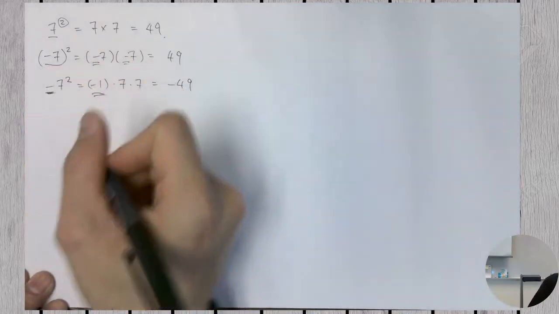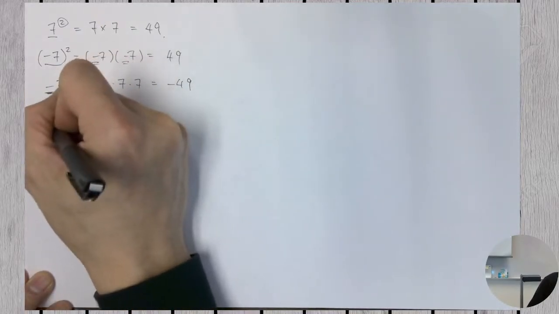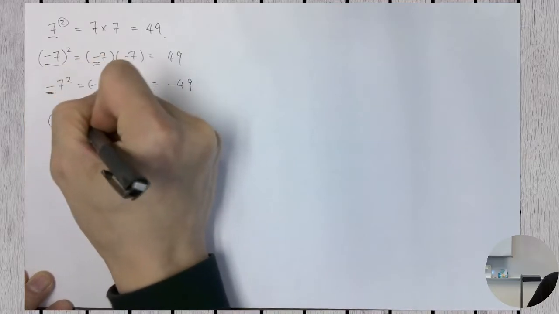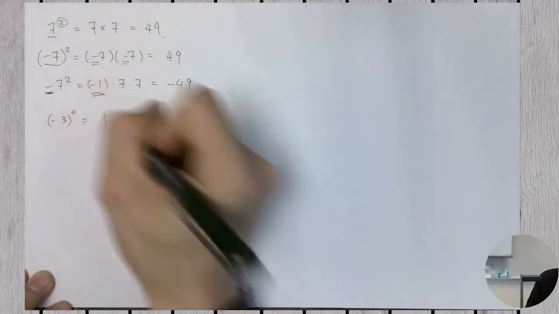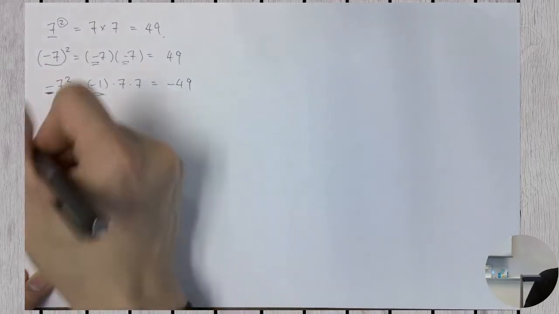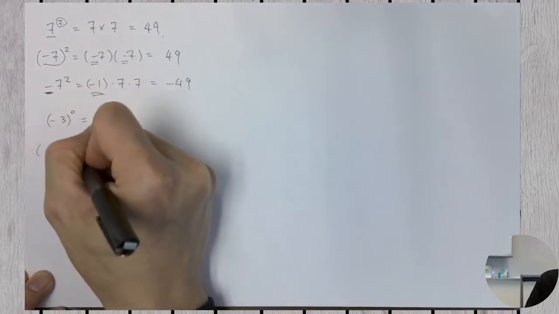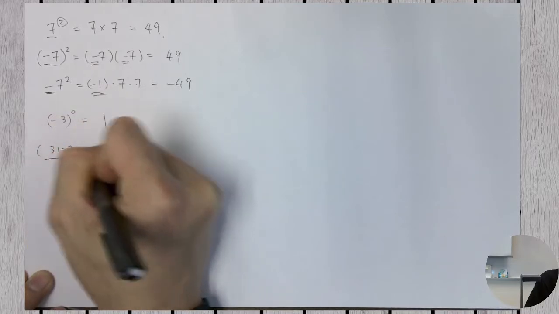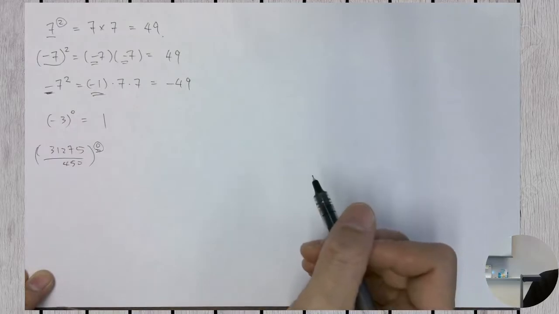In a special case, if the exponent is 0, say negative 3 exponent 0, do you guys know what the answer is? Whatever to exponent 0 is going to be 1. Even if I put a random number here, 31275 divided by 450, exponent 0, you see that that's exponent 0?